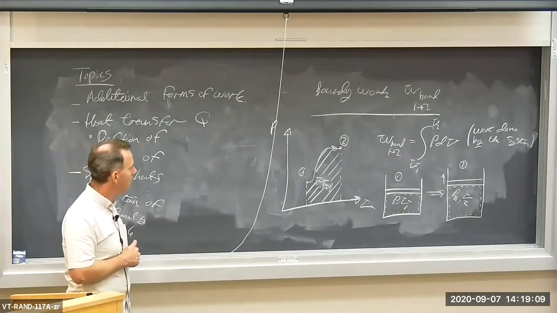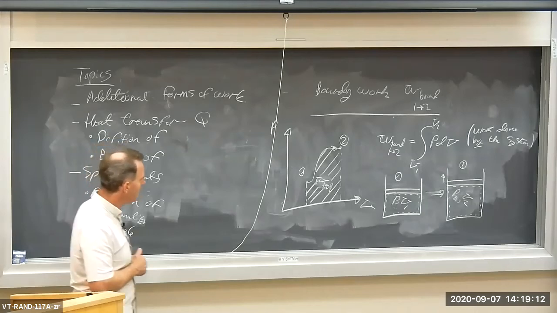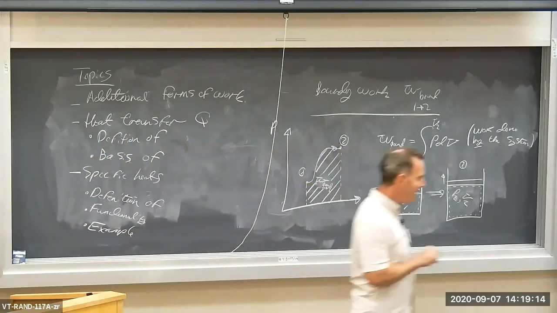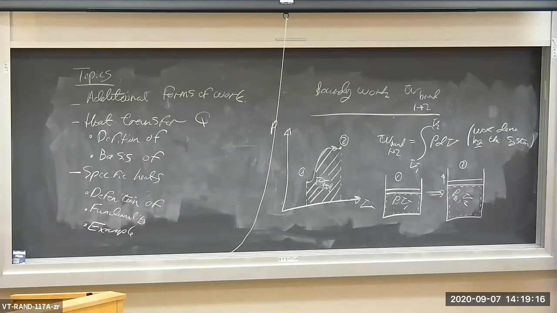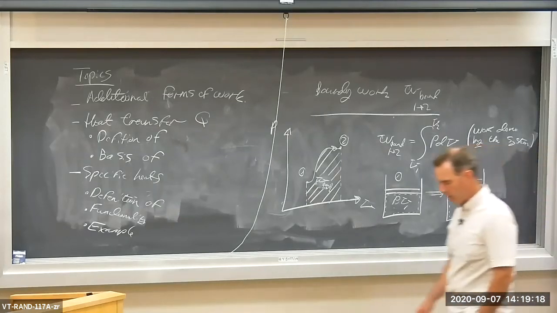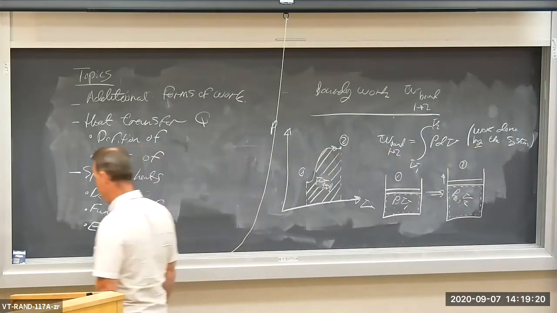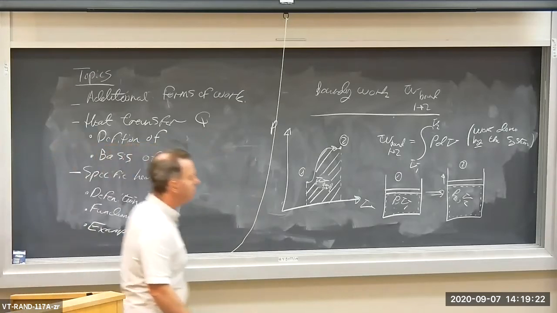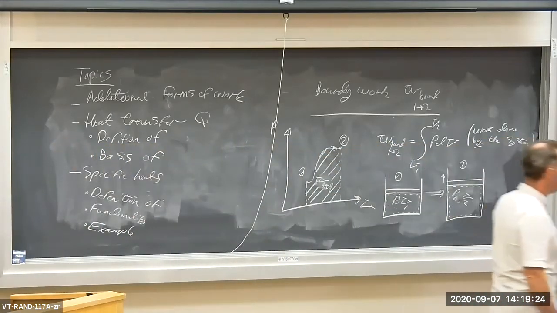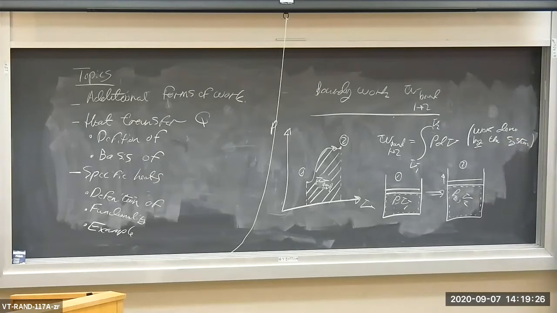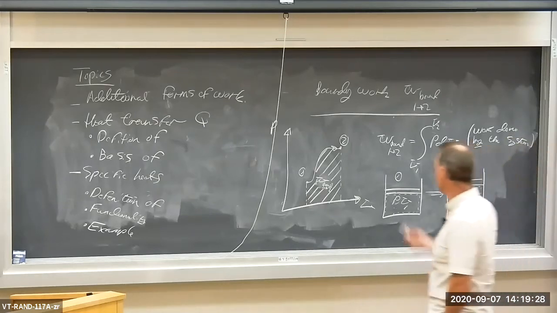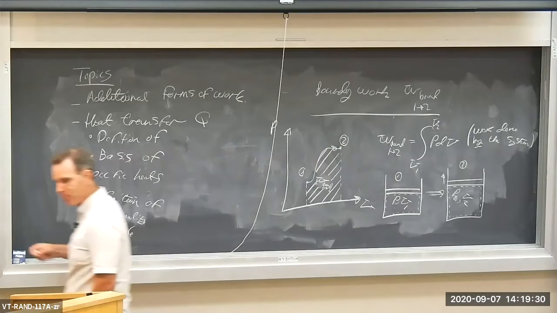If that integral is negative, that means you're doing work on the system. So work is positive when the system is doing work, and it's negative when you're doing work on the system. So that's boundary work from last time.